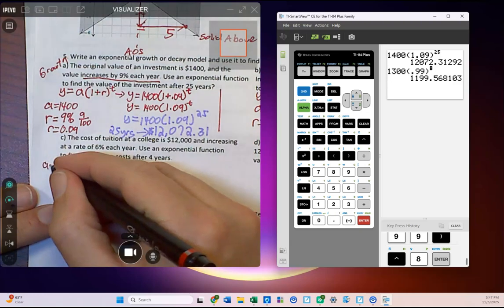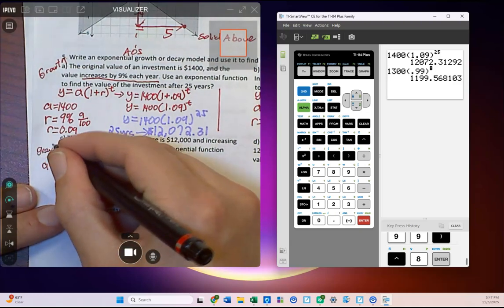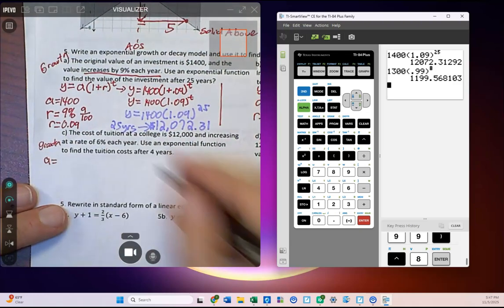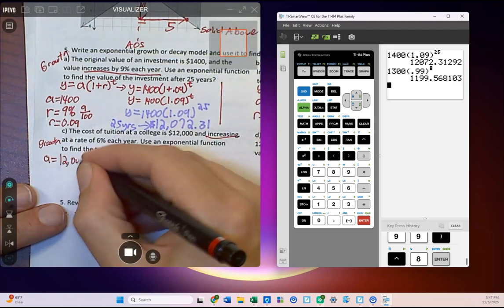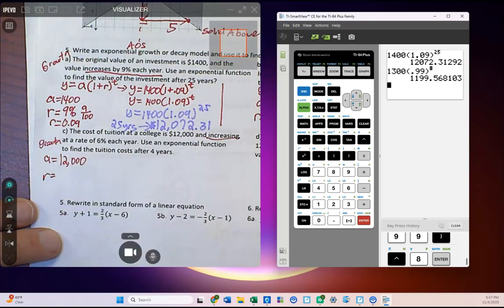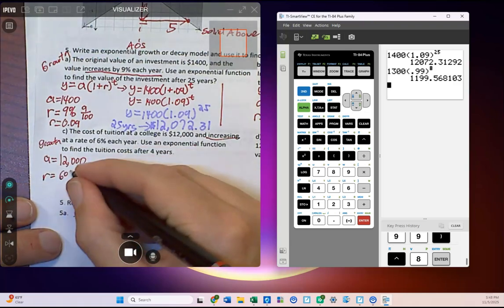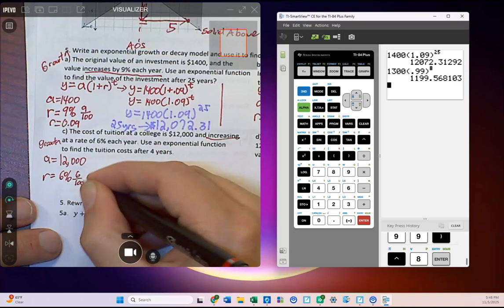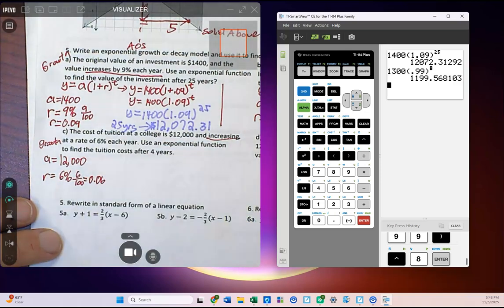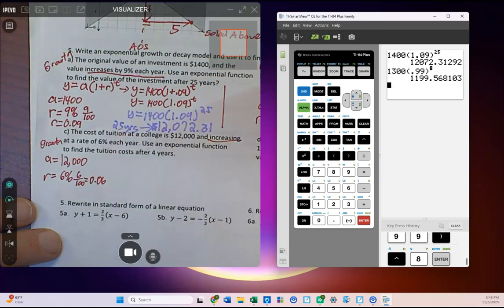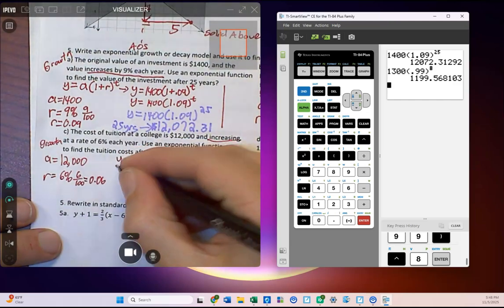On this one, this is growth because it says increasing. R has to be a decimal, and percent means per 100. Now for me, 1 plus R is 1.06, so you could save yourself some time.